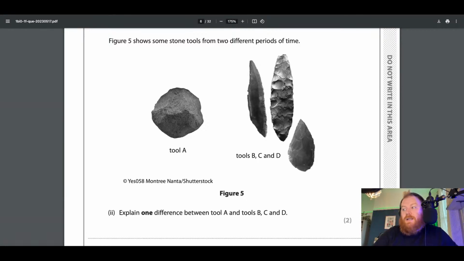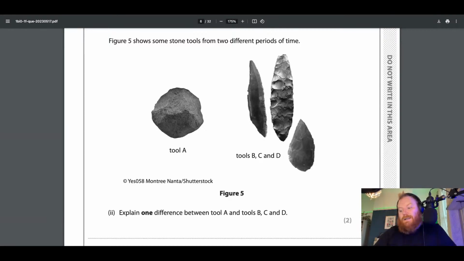In this scenario, tool A is a primitive circular rock with a couple of sharp edges that have been broken off. Tools B, C, and D are a lot more refined. They've been shaped into more of a spearhead, an arrowhead, or a blade shape.